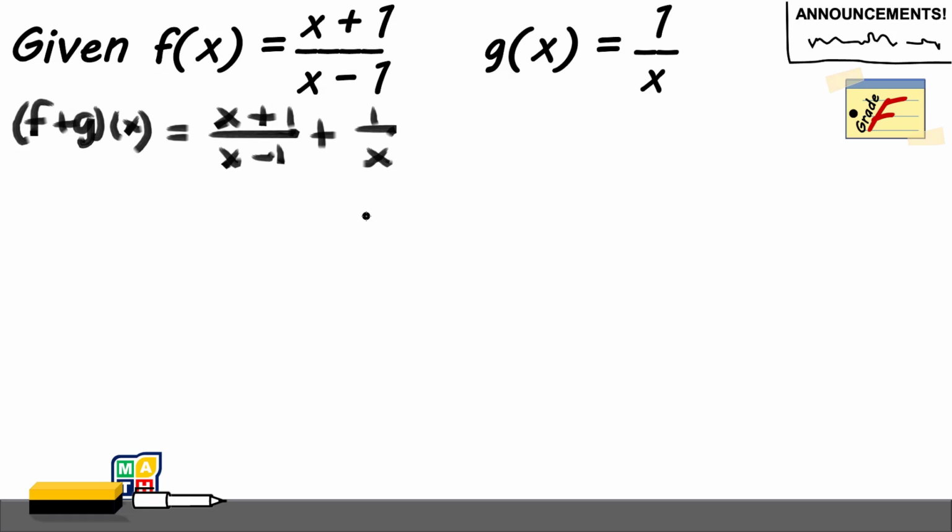Similar to this one here, since these are not constants, we simply multiply x minus 1 and x. This is the product of your two denominators, which is considered as your least common denominator.